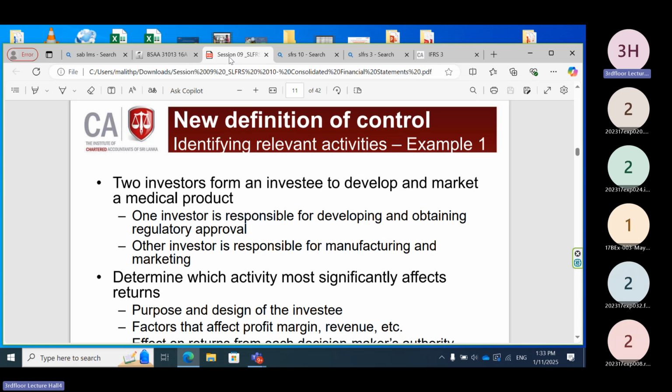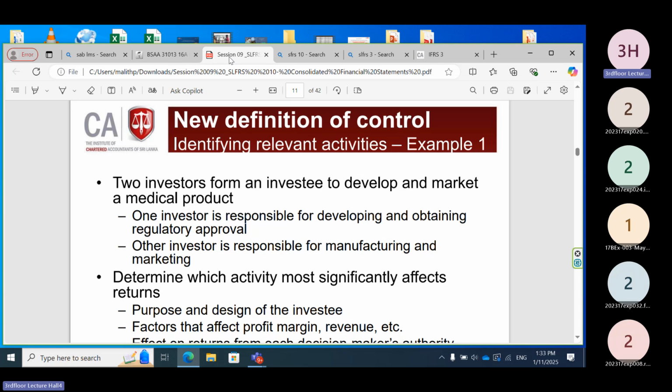Right? So you need to justify the control over the business activities that change your variable return. The decision on relevant activities is very critical. You should have a proper understanding of doing that. We assume that according to this decision, you are getting a positive answer.